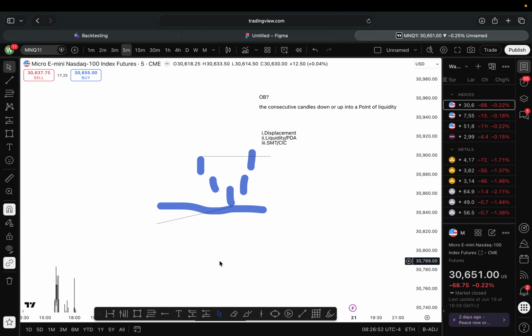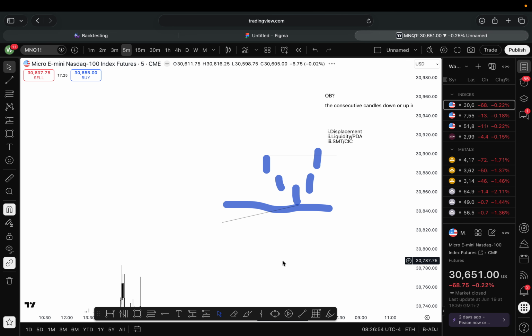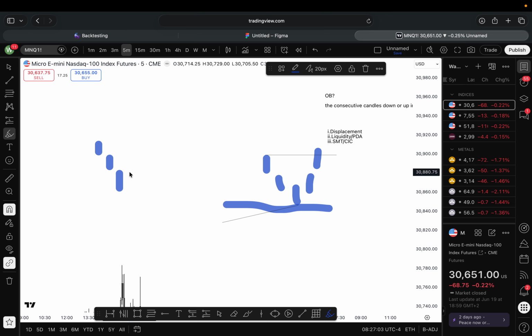Now typically we could also see something like this: down, down, down, and then one singular candle, and then here's our change in state of delivery. With all these other factors present, cracking correlation, SMT, or liquidity. It's these two factors here at the bottom. I'm just not going to draw them here. So we'll see something like that.